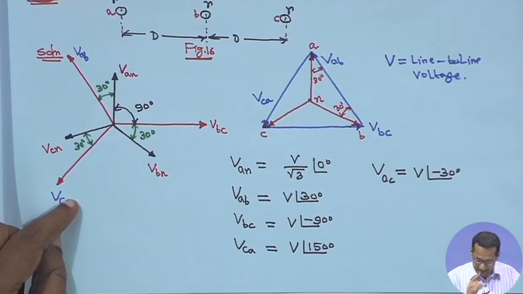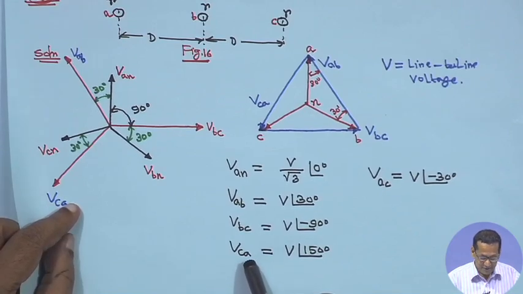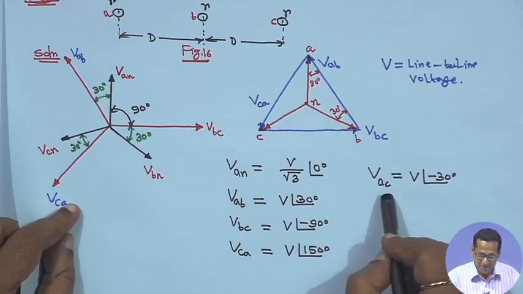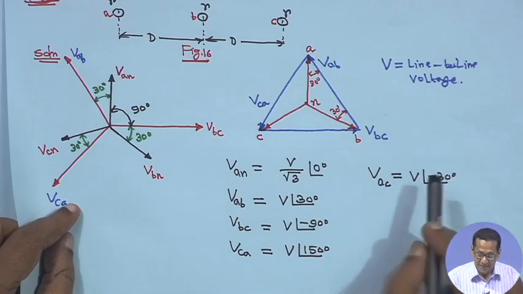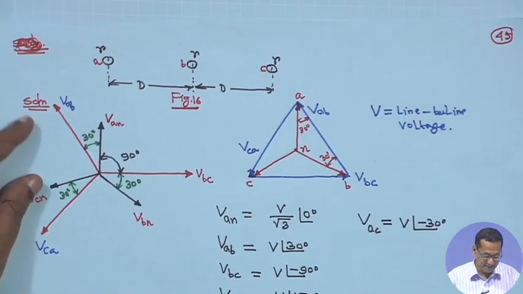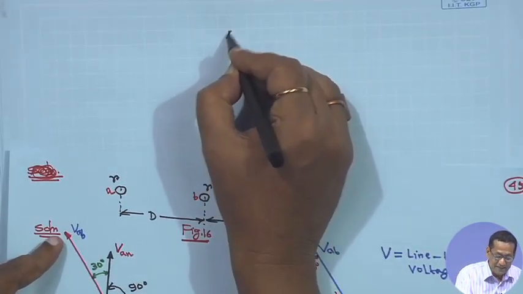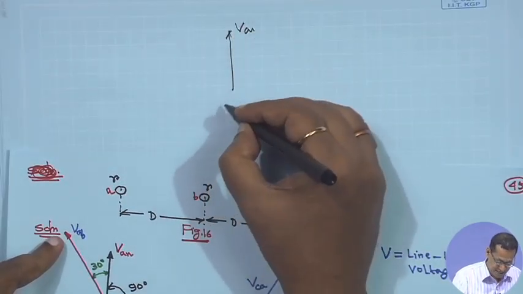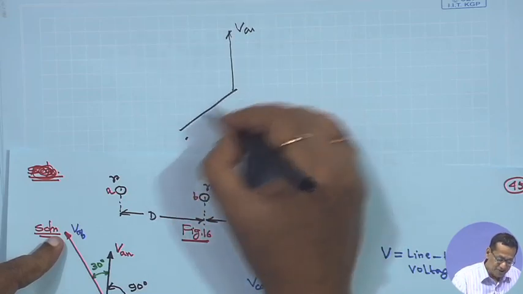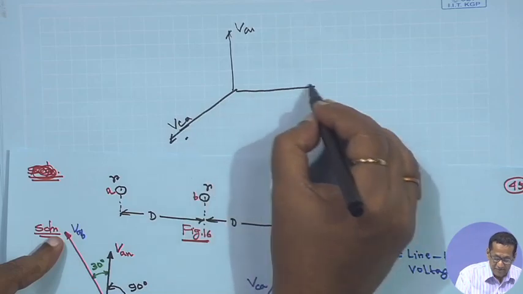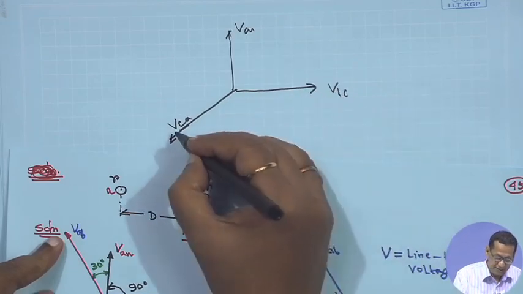And similarly, VAC, which is needed, will be V angle minus 30 degree. The reason is simple. Suppose this is your VAN, and this is the line to line voltage VCA.